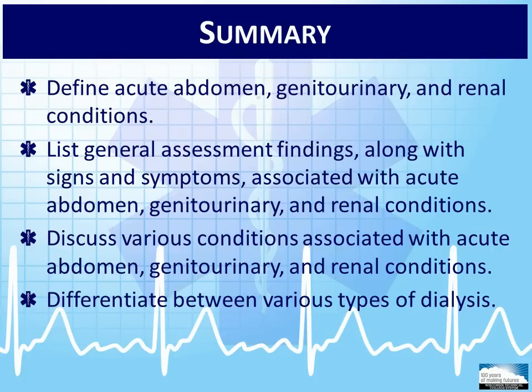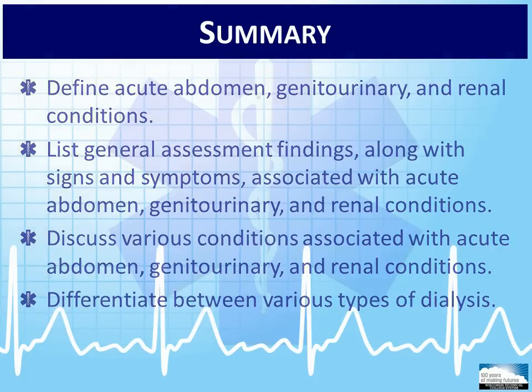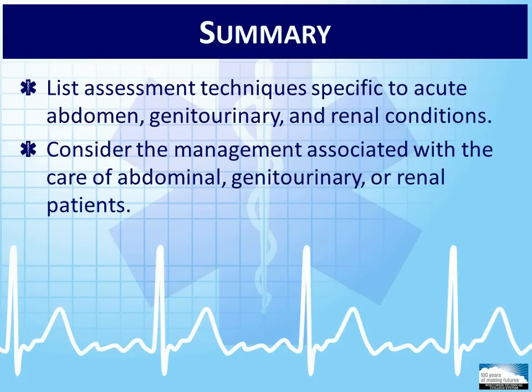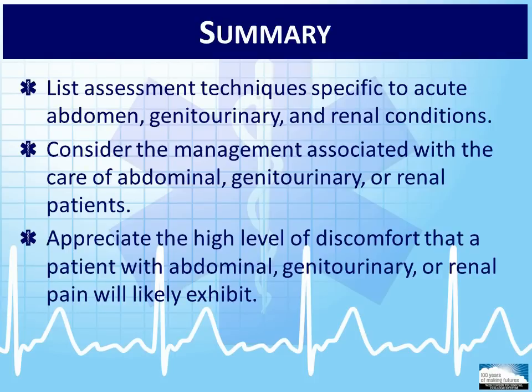Differentiate between various types of dialysis. List assessment techniques specific to acute abdomen, genitourinary, and renal conditions. Consider the management associated with caring for patients presenting with abdominal, genitourinary, or renal conditions. And appreciate the high level of discomfort that a patient with abdominal, genitourinary, or renal pain will likely exhibit.